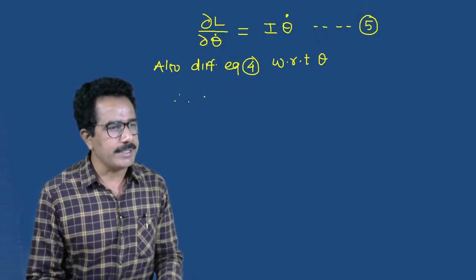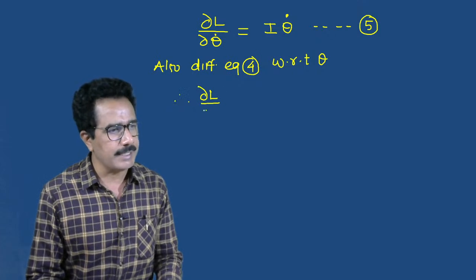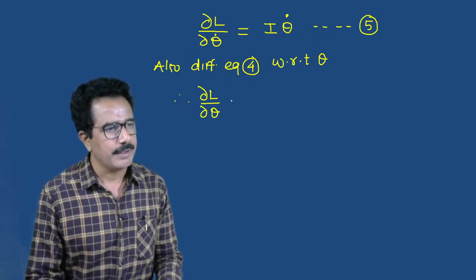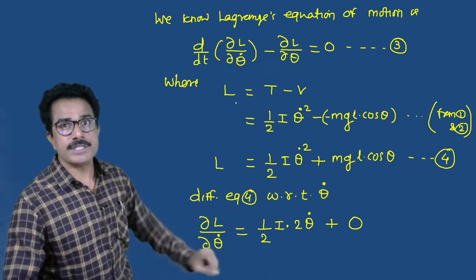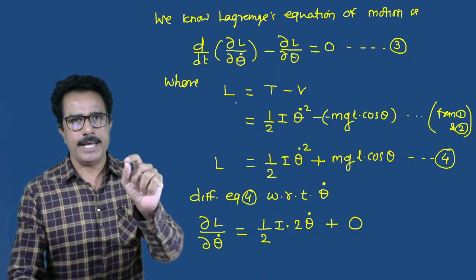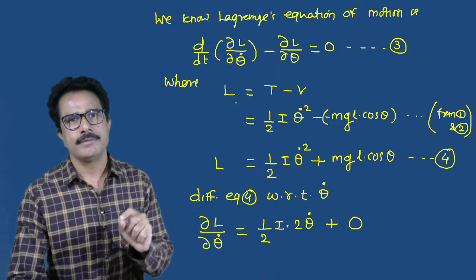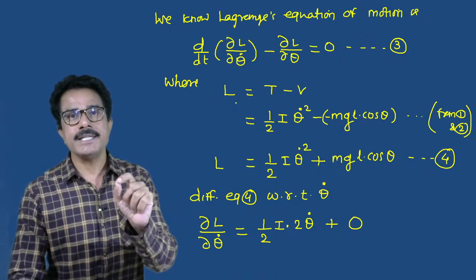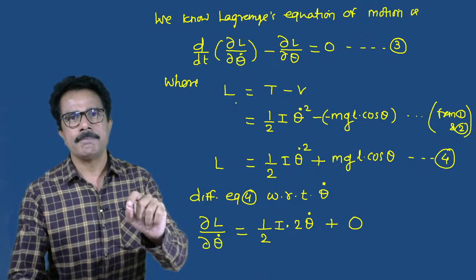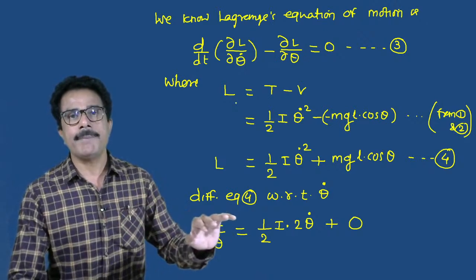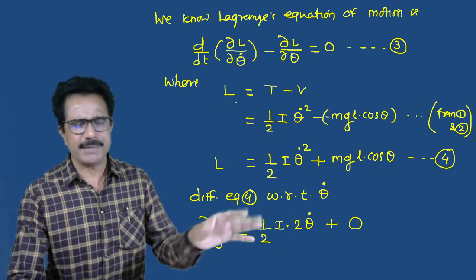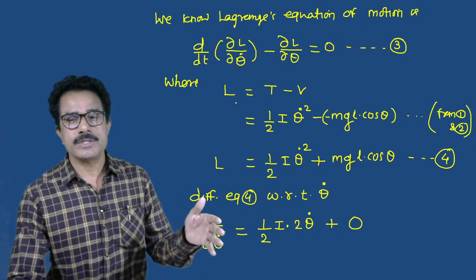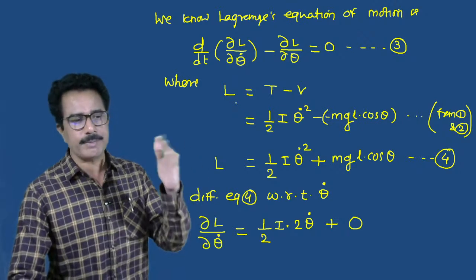So we write dou L by dou theta, which is equal to, see this, if we differentiate with respect to theta, then only theta is considered a variable. Remaining all the parameters are said to be constants. All the remaining terms are said to be constants.